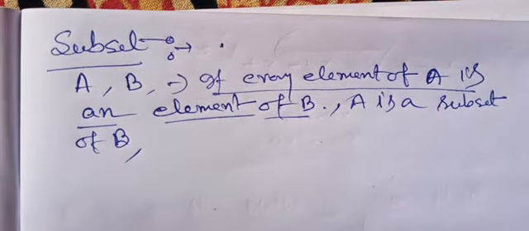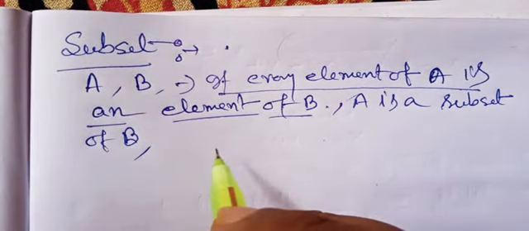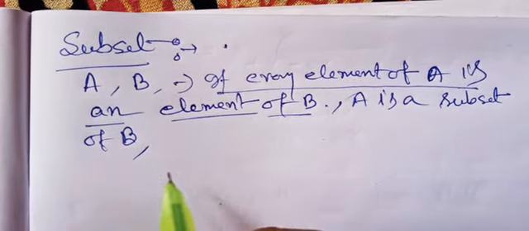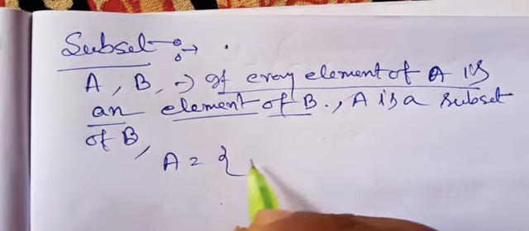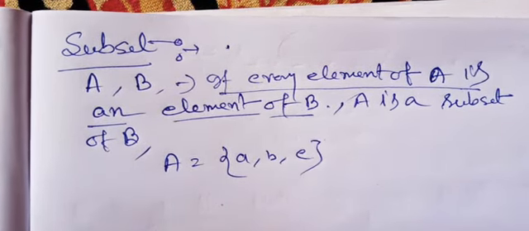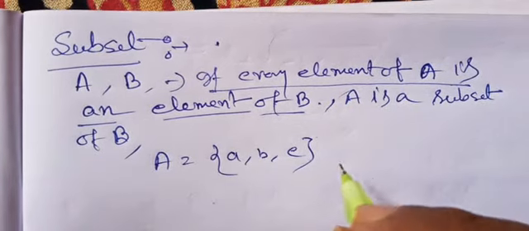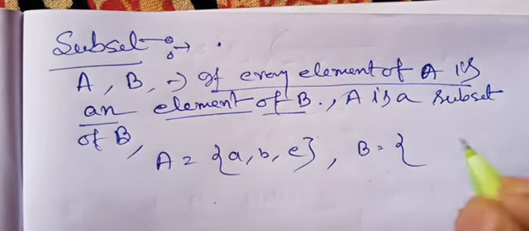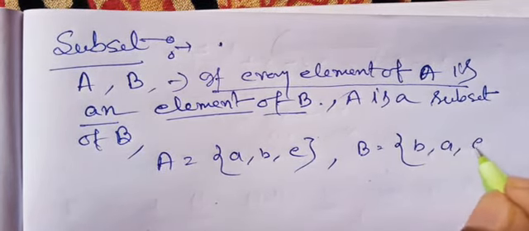Suppose A is equal to {a, b, c} and B is equal to {b, a, c}.